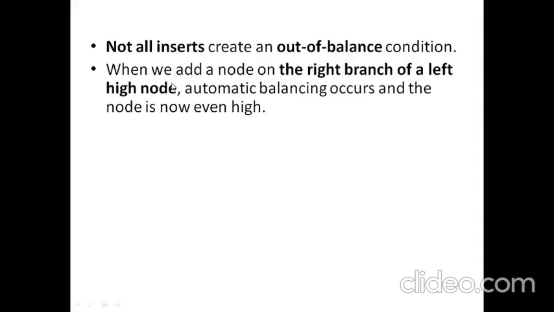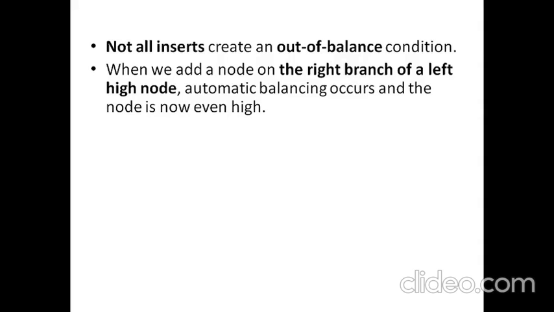So for example, when we add a node on the right branch of a left high node, the meaning of left high is that the tree is not even; it is left high, which means the height of the right subtree is 1 less than the left. That is the condition.